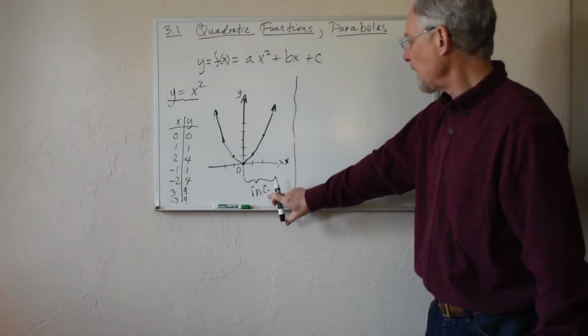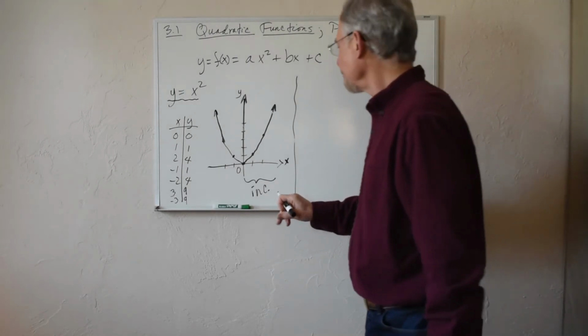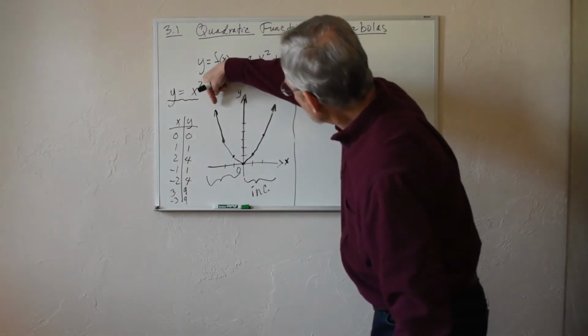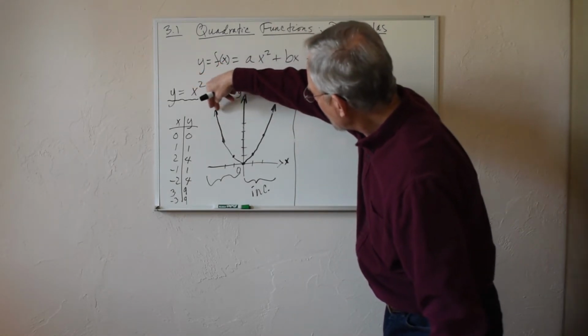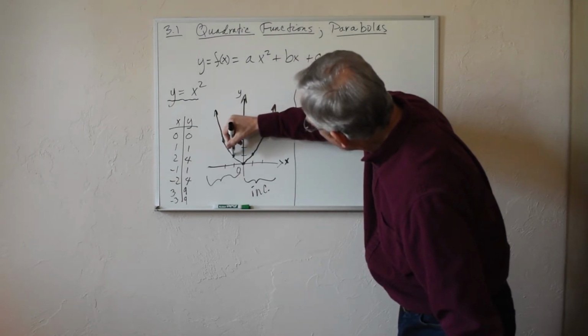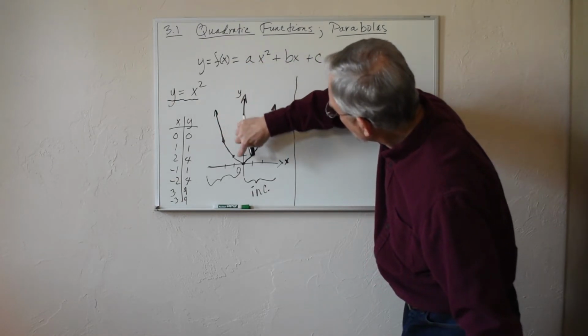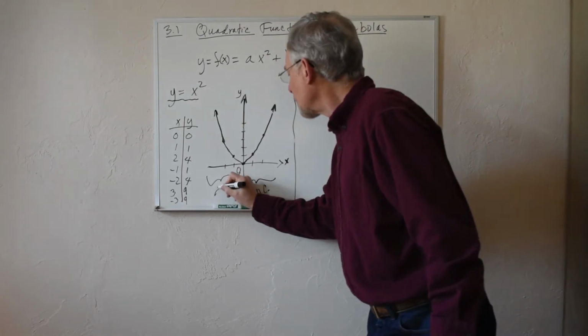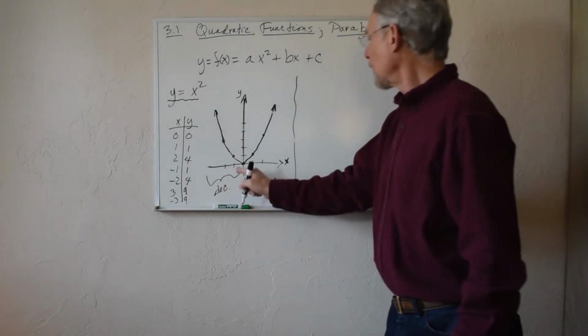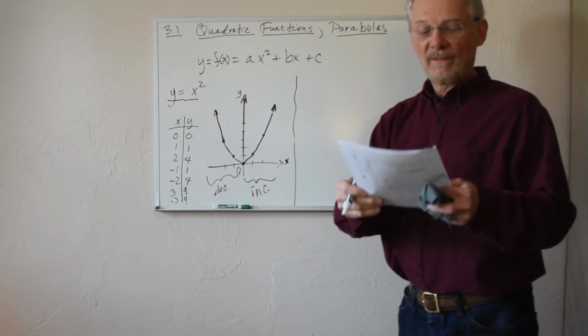I'll abbreviate increasing with INC. Over here, as we traverse the graph from left to right, the graph is going down, until we get to 0. We say in this interval, the graph is decreasing.